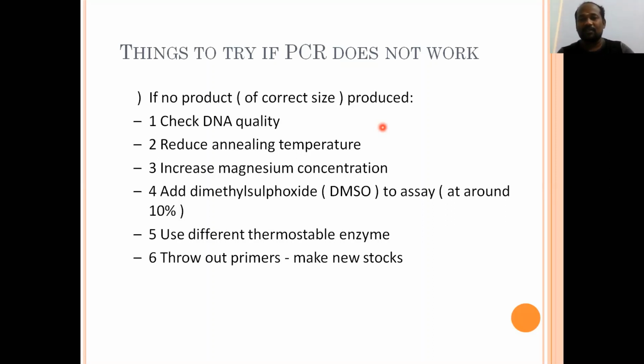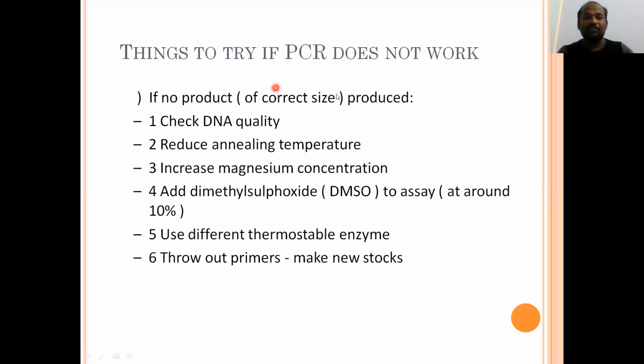After loading, the separation will take place in the electrophoresis process. When the electrophoresis process ends, we can go for the gel documentation system in order to visualize the synthesized DNA fragment.